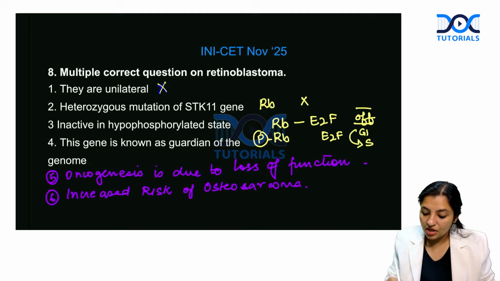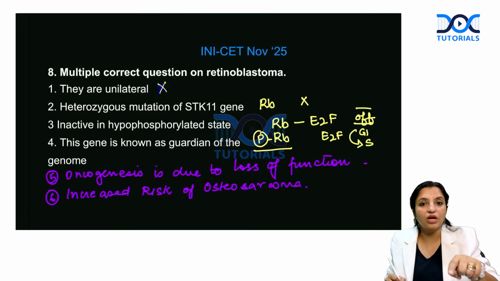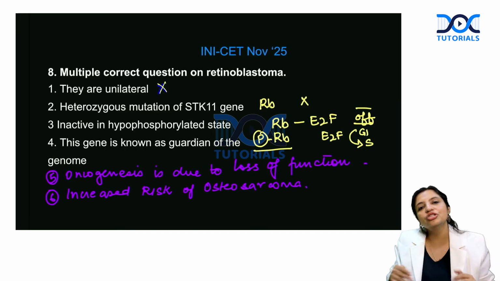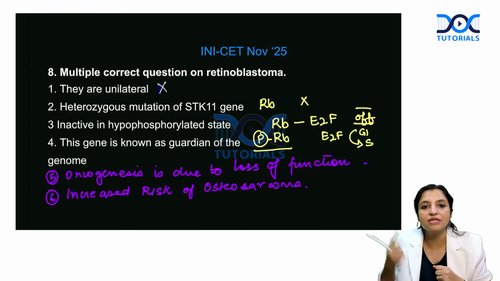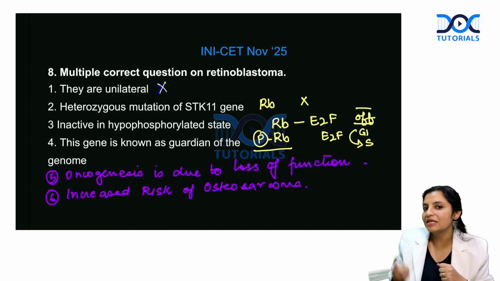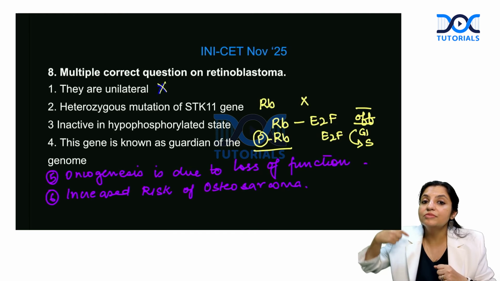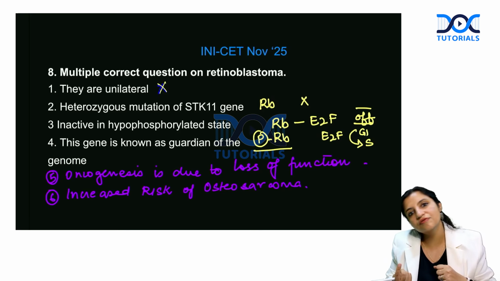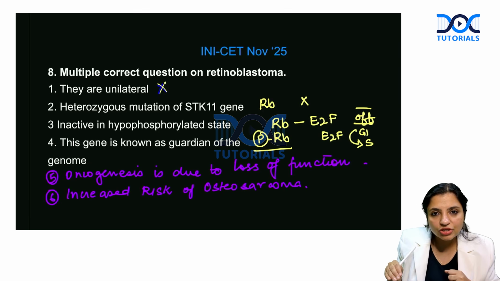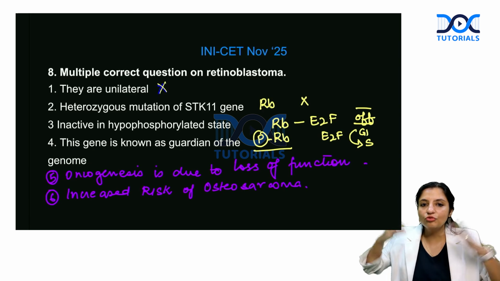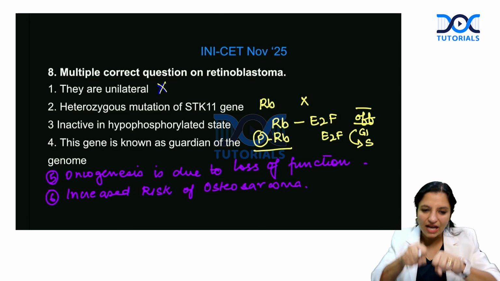So can I say, when the RB gene is phosphorylated, the RB gene is off because the cell cycle is running, cell cycle is moving. So the cell cycle becomes on when the RB gene is phosphorylated. That means the RB gene becomes inactive. If you have to make the grandmother active, you have to remove phosphorus. Then the grandmother will go and catch E2F.